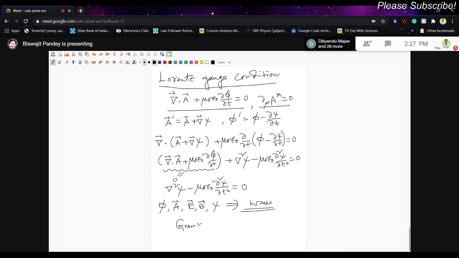And Green's function method, I think it is a conventional method used in many other topics of physics, because whenever you have some inhomogeneous wave equation, this kind of equation, which are quite common in different branches of physics, this method is used to solve for variables like phi and A. So we shall do that in the next class, and I stop here. If you have any question.